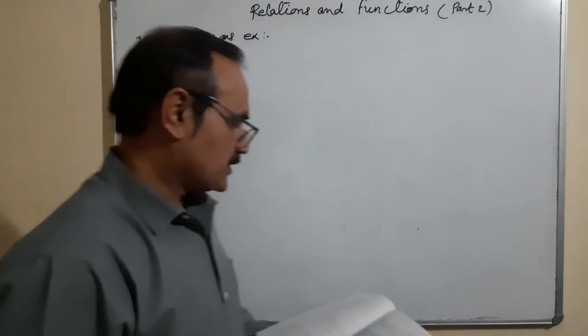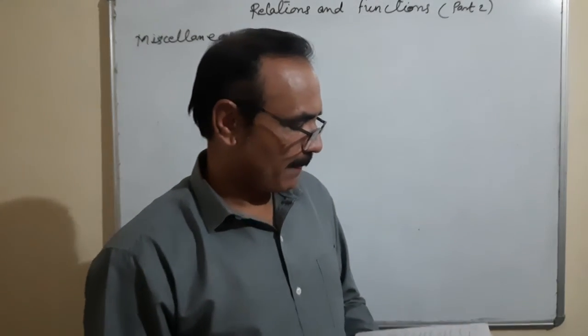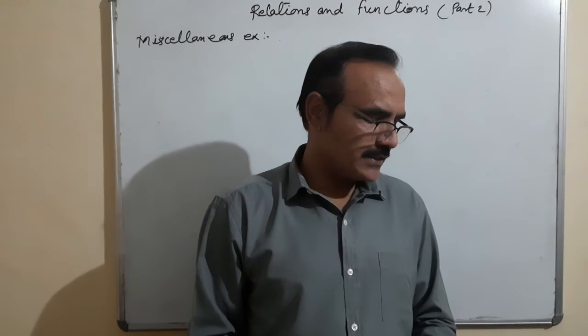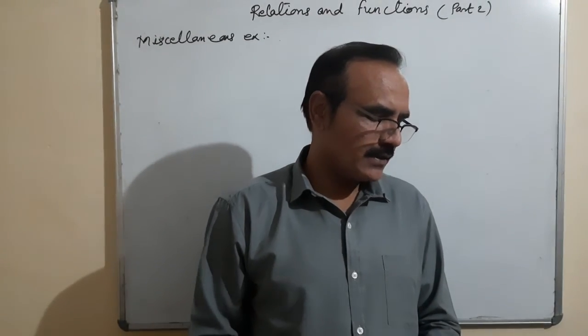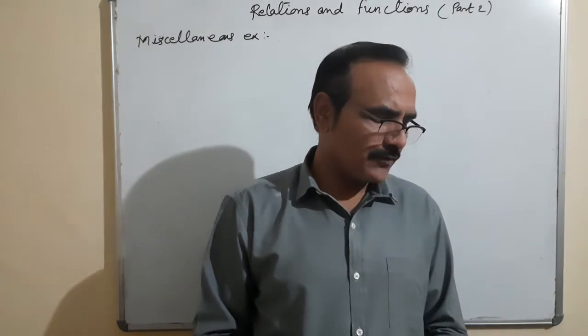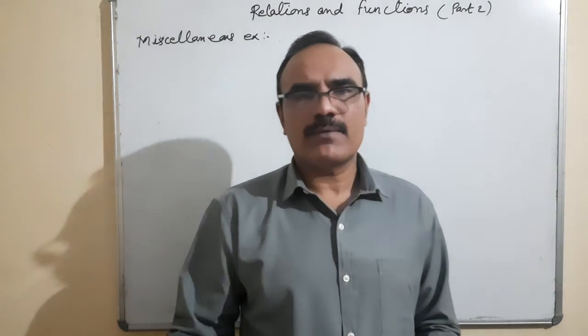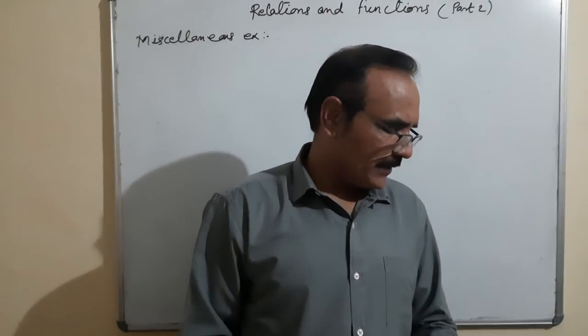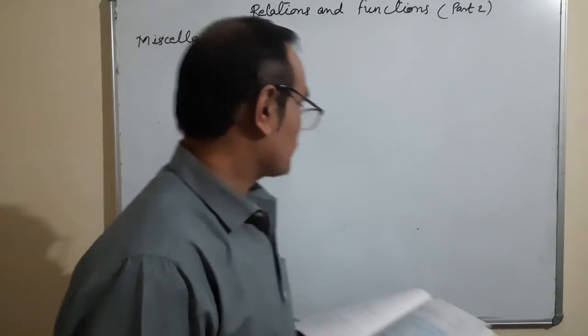Some interesting questions I am taking from it. By the way, in the first question they are asking that the relation f is defined this way, g is defined that way, so that f is a function. F is a function because they have one and only one image, but g is not a function. 2 is a number which has 2 images. I am taking question number 3. Find the domain of the function.